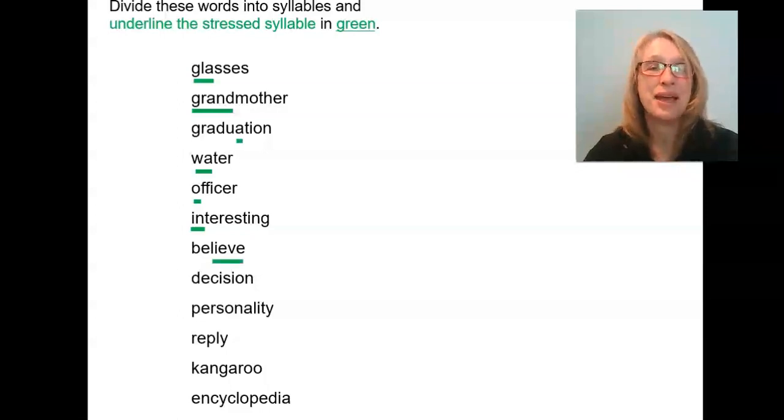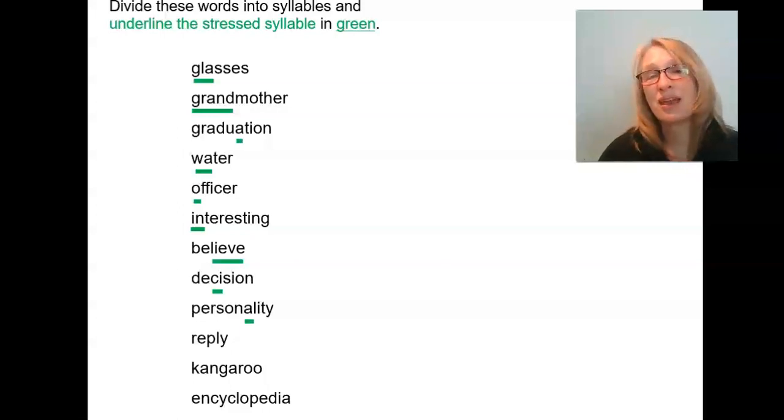believe and decision. Yes. Personality. Remember this one? This is a noun or a verb? It's a verb. Yes. So our stress is on the second syllable, right?